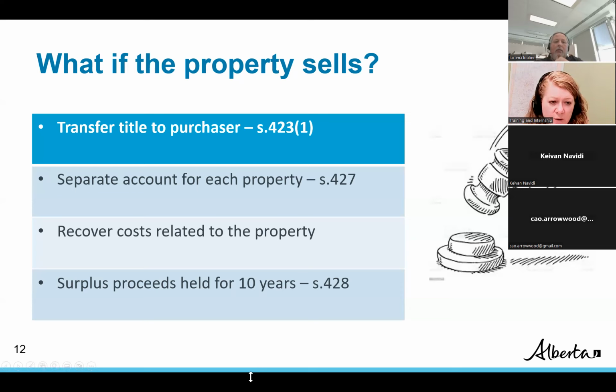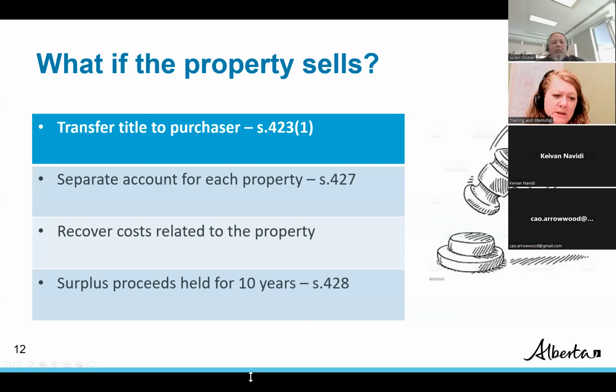Then comes charges owing to the Crown under 553, things like unpaid utility charges or charges to extinguish a fire. And then finally, an administration fee of 5% of the amount paid. A separate account makes it easier to track all of the costs for whatever expenses need to be paid.